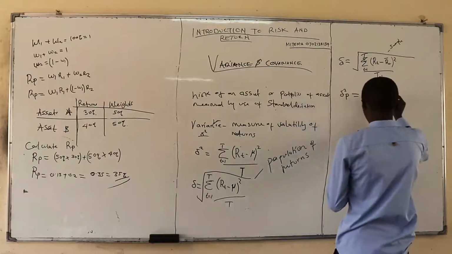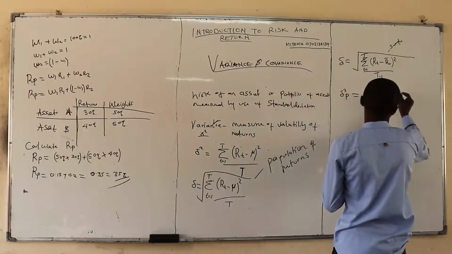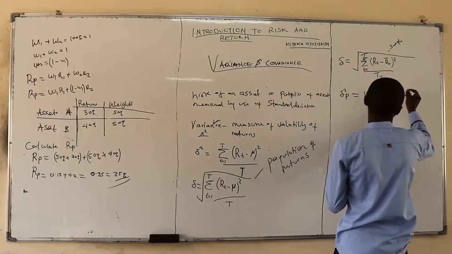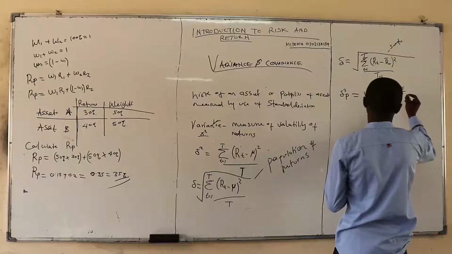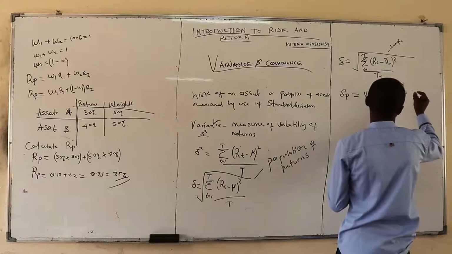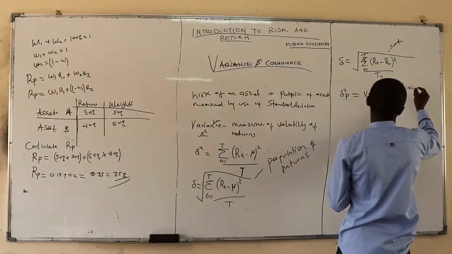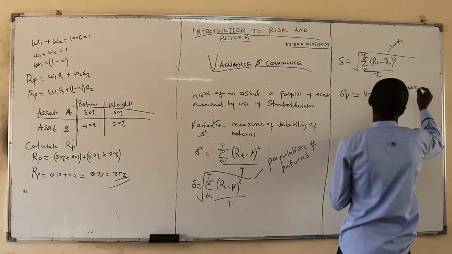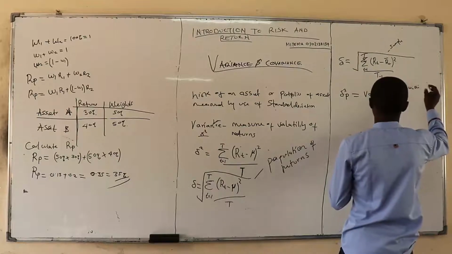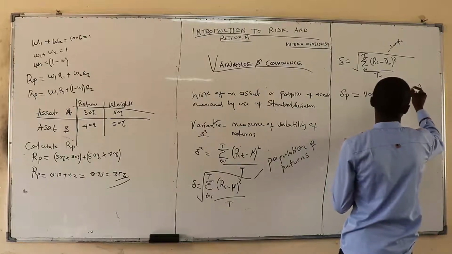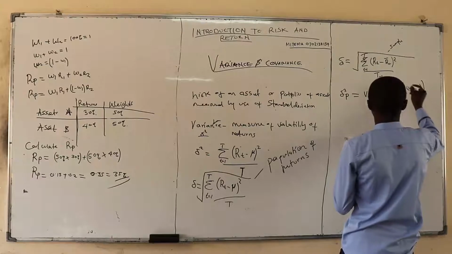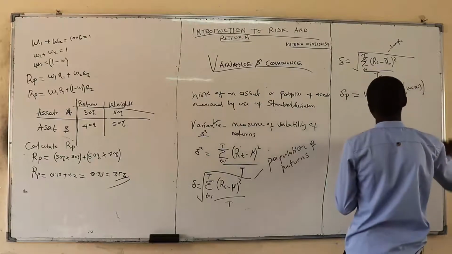The variance is equal to the summation from 1 to n, the first return, the number of assets that you are given.